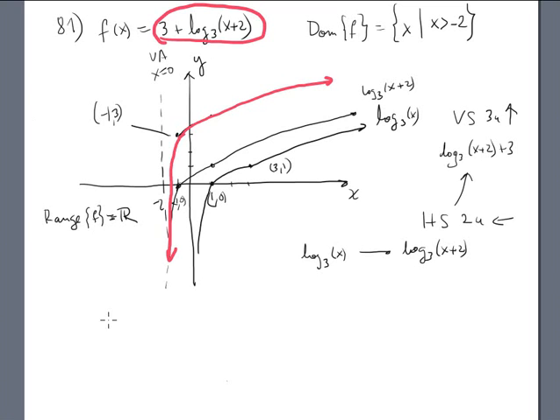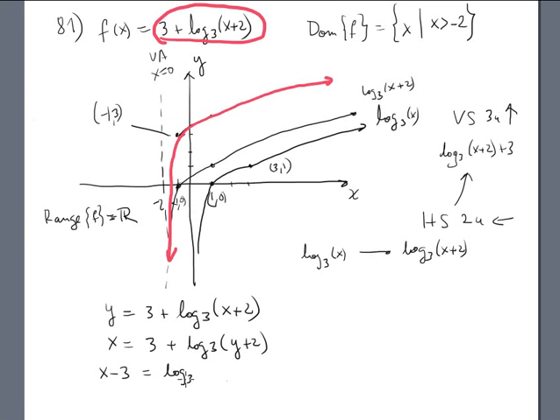For the inverse, as always, you put y equals 3 plus logarithm base 3 of x plus 2. Interchange x and y, and solve for y. I move the 3: x minus 3 is equal to logarithm base 3 of y plus 2.